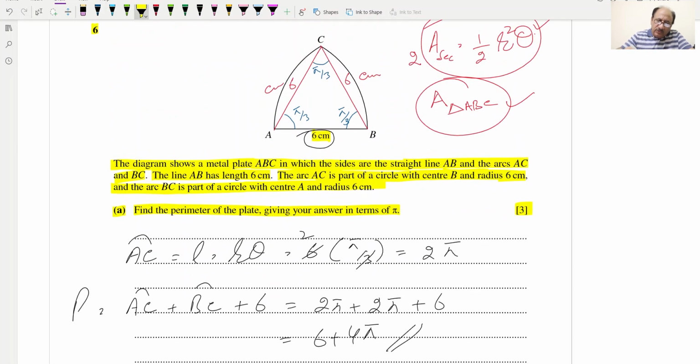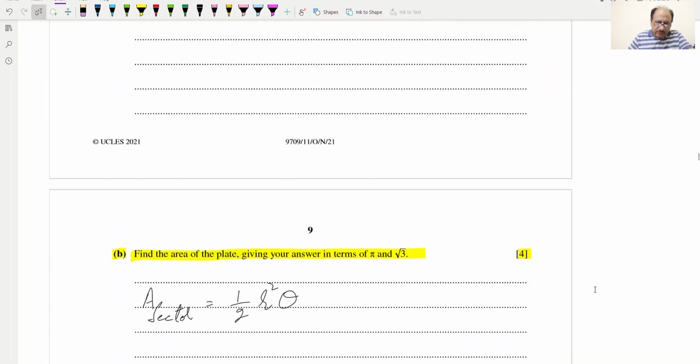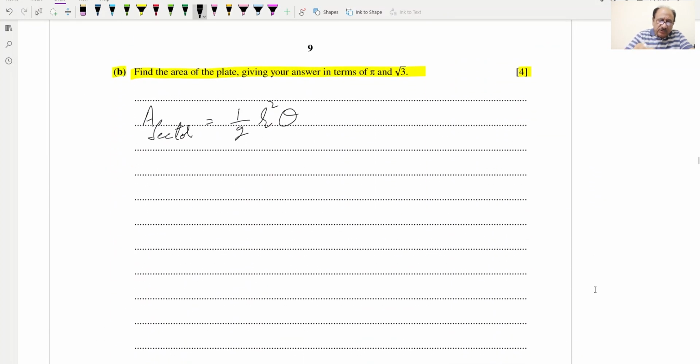So what we are doing, we are finding the area of this whole sector ABC, and this is equal to 1 by 2, r is 6 and theta is pi by 3.